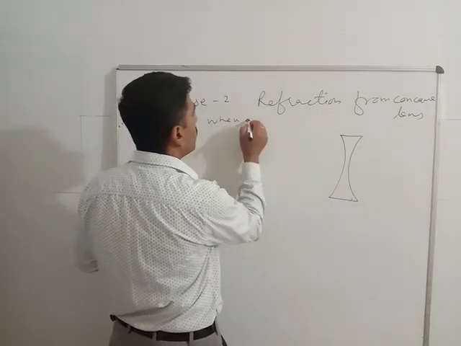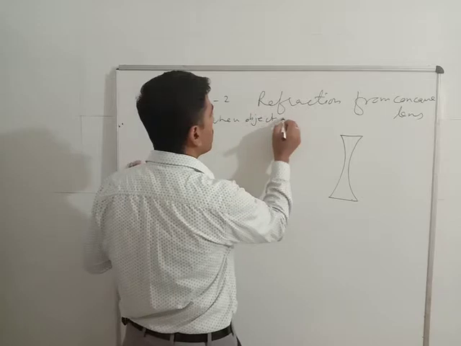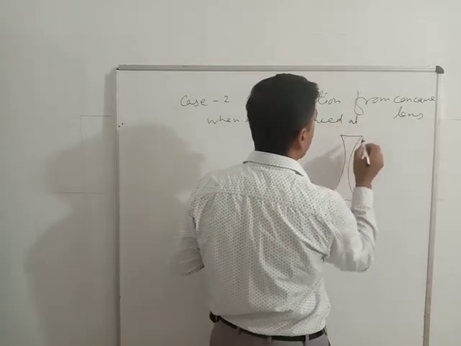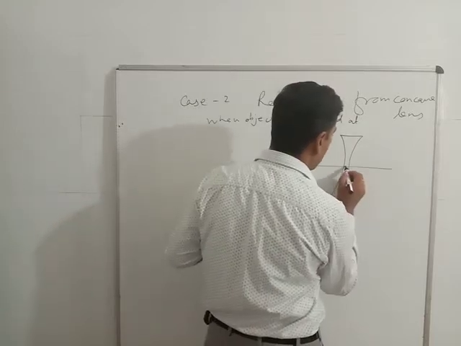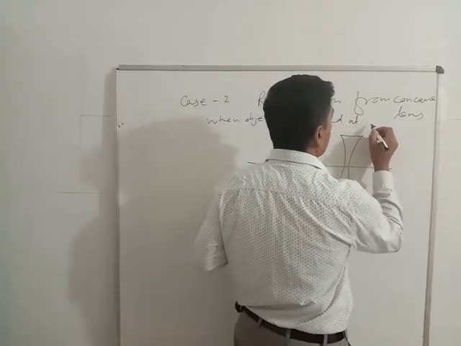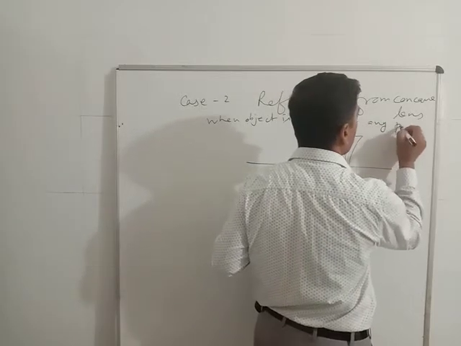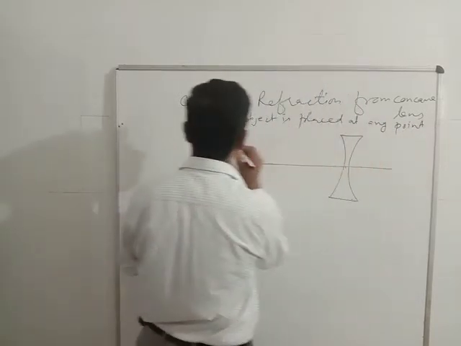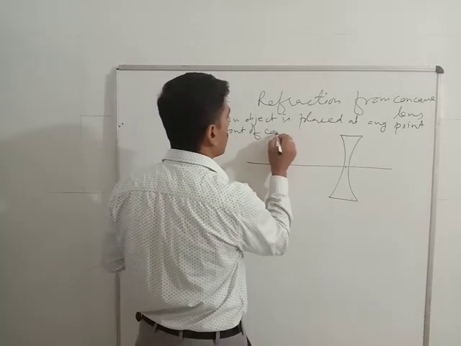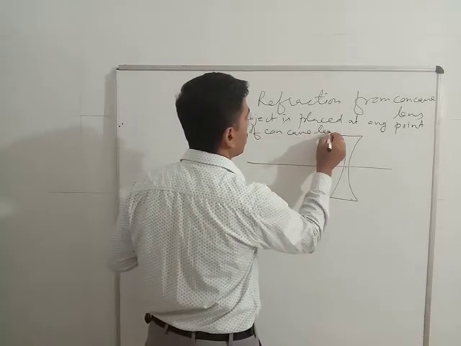When object is placed at a measurable distance between infinity at any point in front of concave lens.